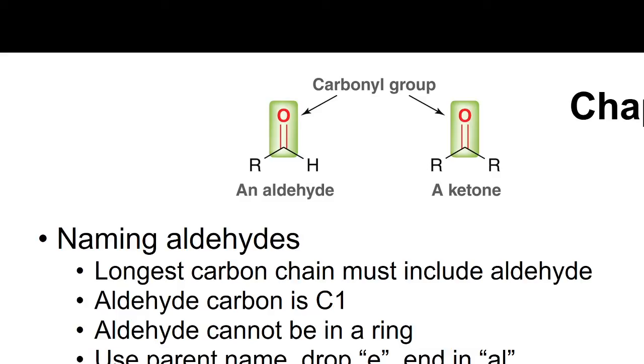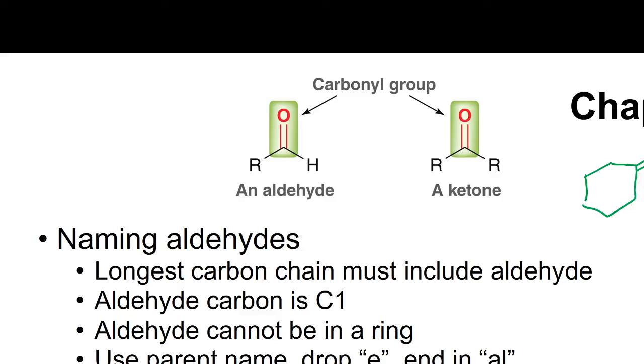So that's how we would name aldehydes. Again, that aldehyde carbon is always going to be number 1, and we cannot have it in the ring. So if you had this ring, this would not be an aldehyde, that would be considered a ketone. When we're naming ketones, we want to include the longest carbon chain. The C=O is going to get the lowest numbering. So if I number in this direction, the carbonyl is going to be at carbon number 3, whereas if I numbered it in the other direction, we would have 1, 2, 3, 4, 5.